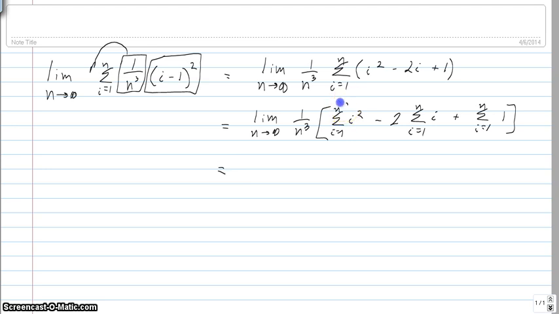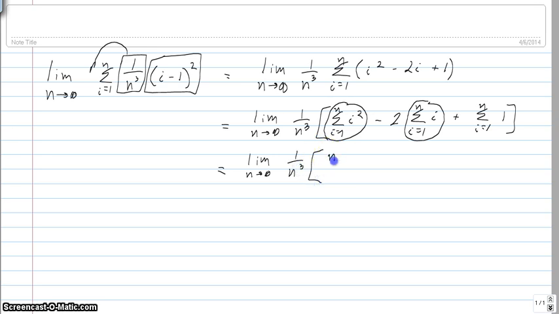Right, now we've got a special formula where we can get this sum in terms of n and this sum in terms of n, and then we know that if we add 1 n times, that just gives us n, so we can get each of those sums in terms of n.